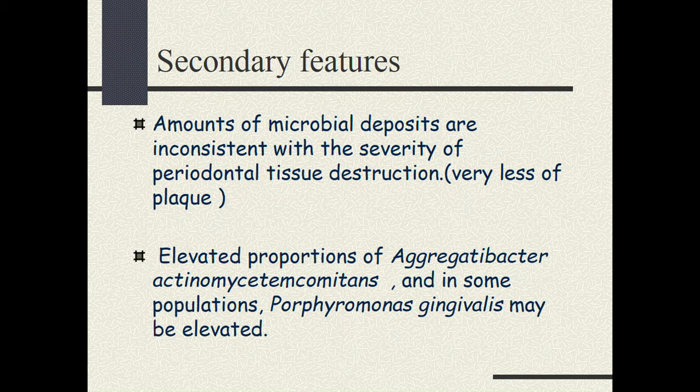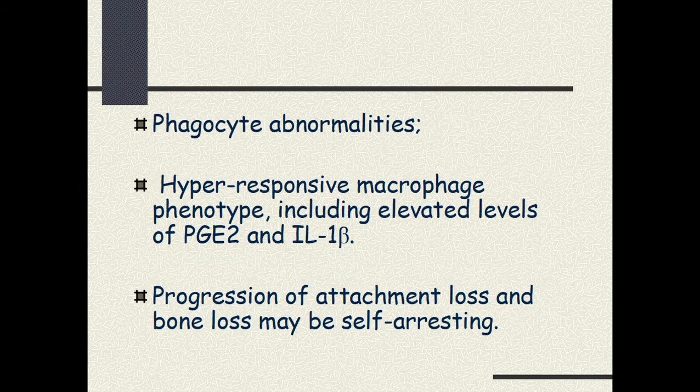That means the amount of microbial deposit, that is plaque accumulation, is inconsistent with the severity of destruction. Elevated proportion of certain bacteria, for example Aggregatibacter actinomycetemcomitans, and in some populations Porphyromonas gingivalis.